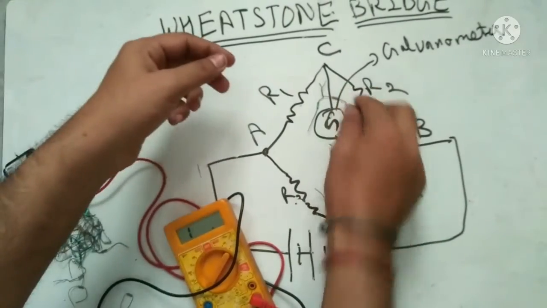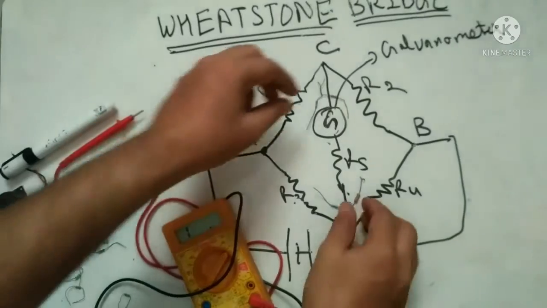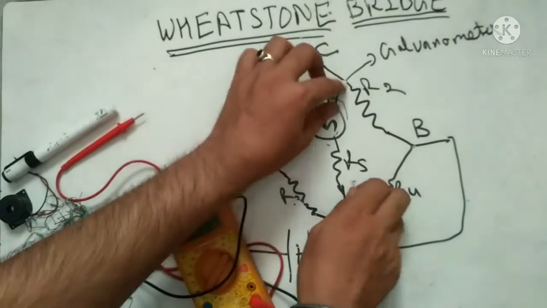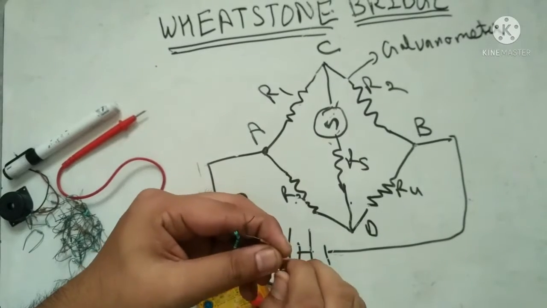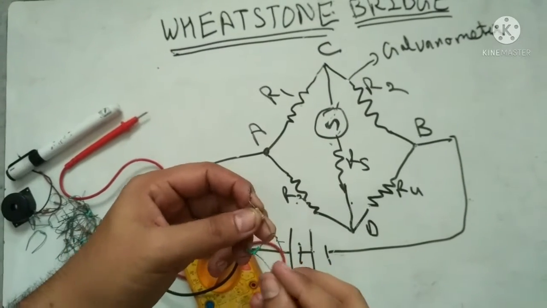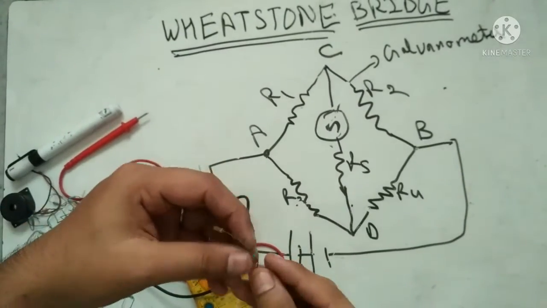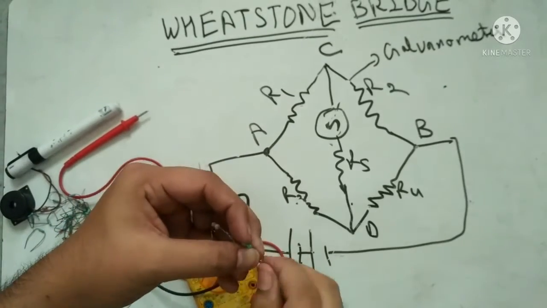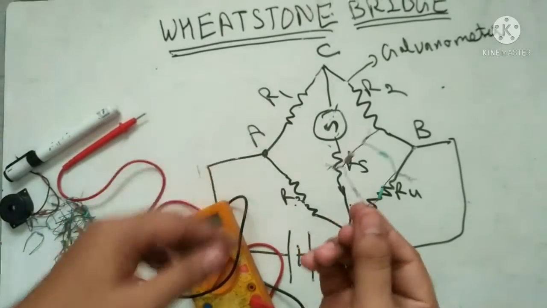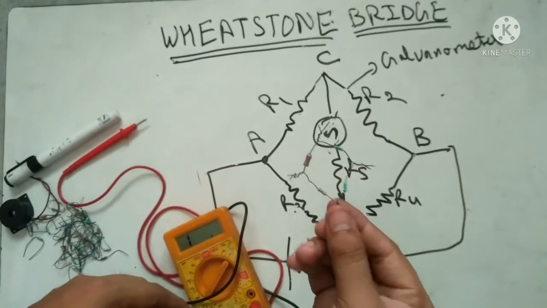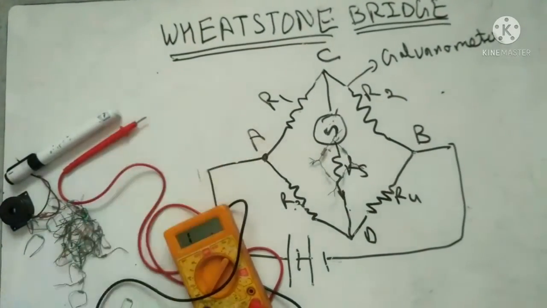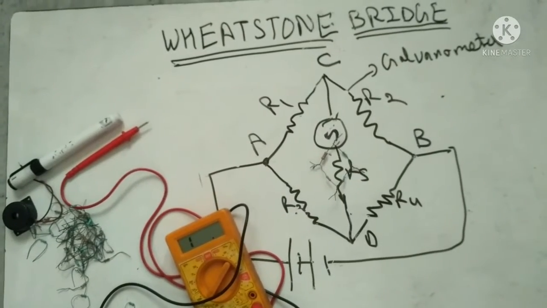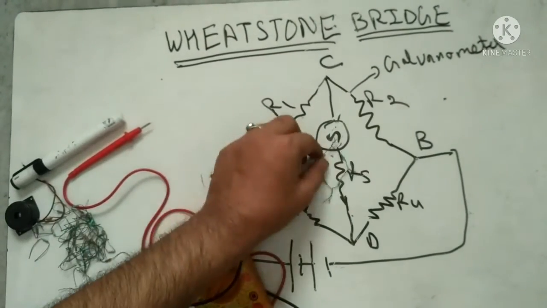Now we can connect these both ends with each other. Students, you can see this is the similar structure I have made with the resistances. That's how we can build a simple circuit using four or five resistances.